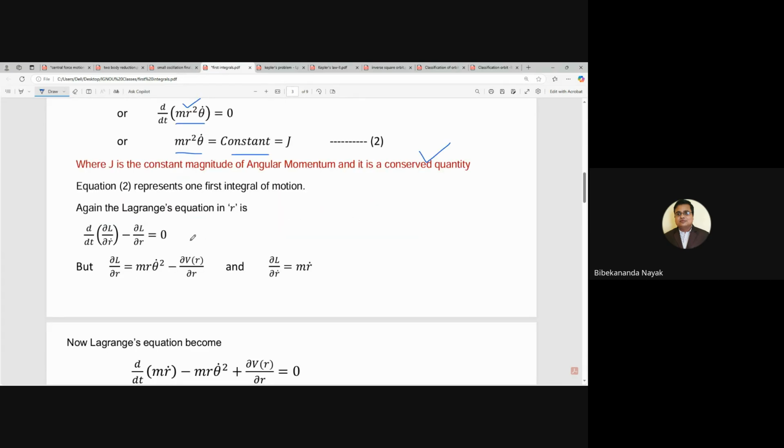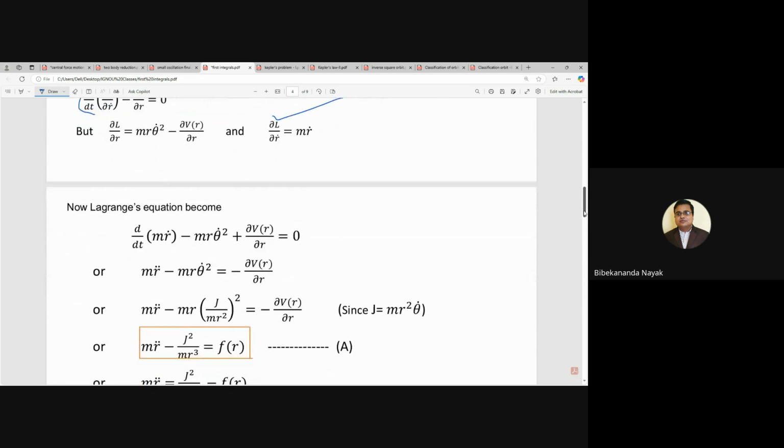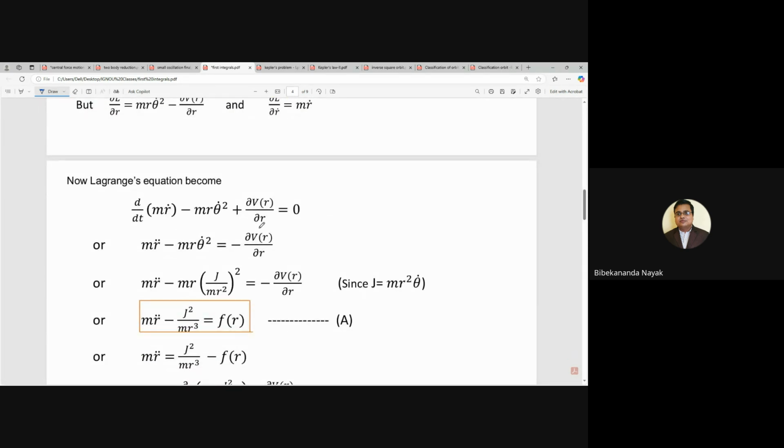Again for Lagrange equation in r. This is d by dt of del L by del r dot, minus del L by del r. If you calculate this, we find derivative of m r dot minus m r theta dot square plus del V(r) by del r is equal to 0. That implies m r double dot minus m r theta dot square is equal to, taking the right side, minus del V(r) by del r.